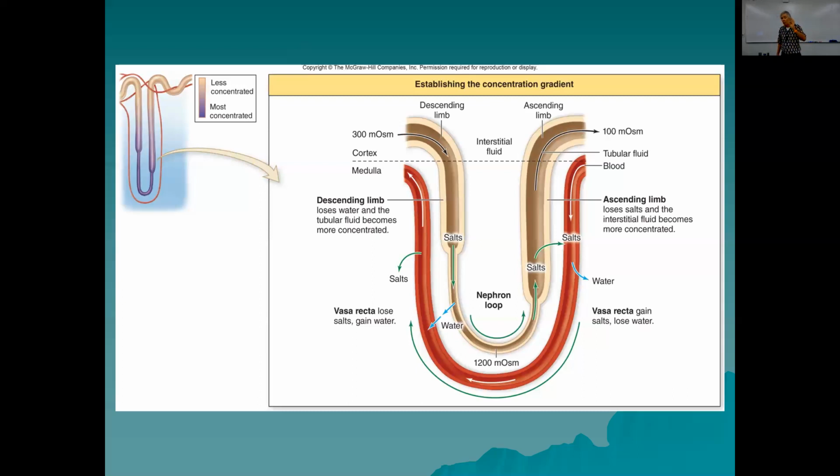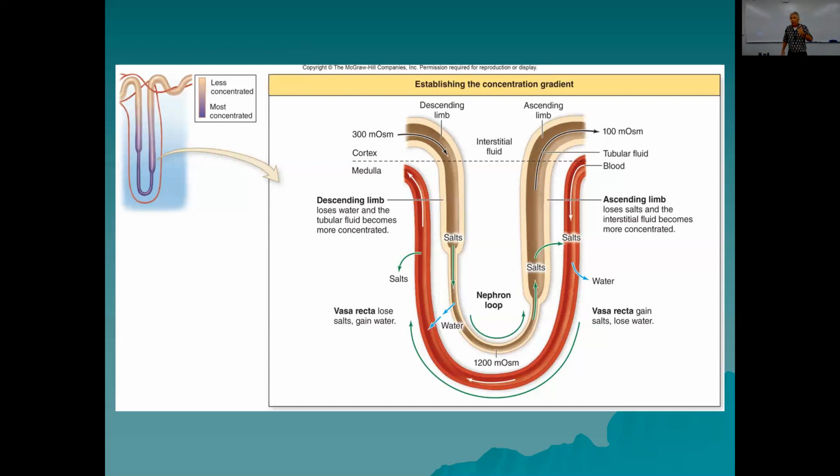And this is going to be important for the ability to dump excess water if we need to. I'll explain that in a bit. Notice the blood, the capillary that surrounds the nephron loop, is called the vasa recta, and it is also part of the second part of the renal portal system.